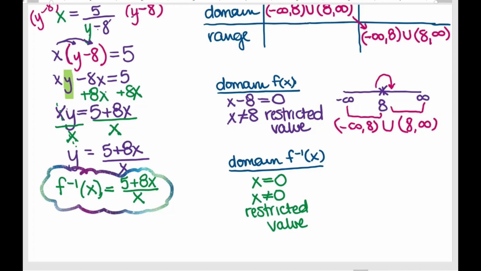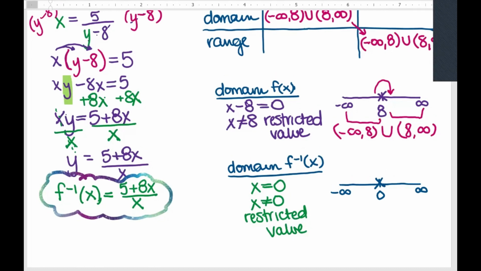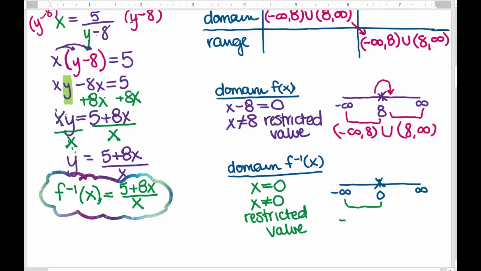So if we are looking at the number line to get our answer in interval notation, negative infinity on the left, positive infinity on the right, 0 we cannot be. To find our interval notation, our first piece is going to be negative infinity on up to 0 with parentheses everywhere.